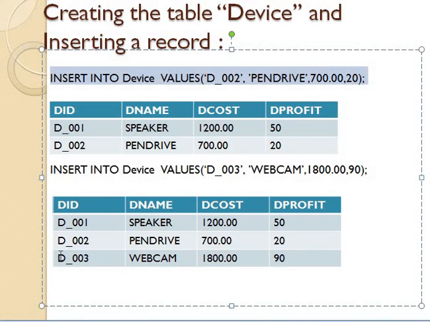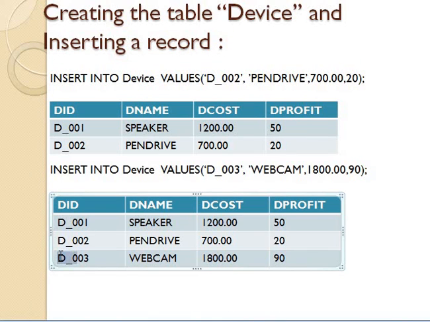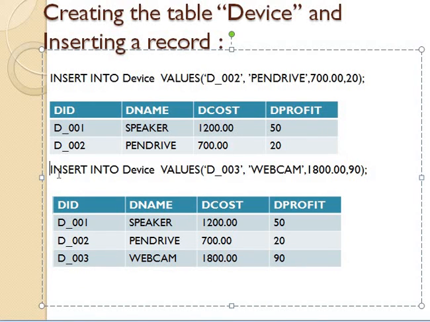And the third record, that is D_003, webcam, 1890, will get inserted into our table device upon executing this SQL statement. So let me highlight it. This is the one. As a result, our table device now consists of 3 records. The first record is for the device called speaker, the second record is for the device called pen drive, and the third record is for the device called webcam.